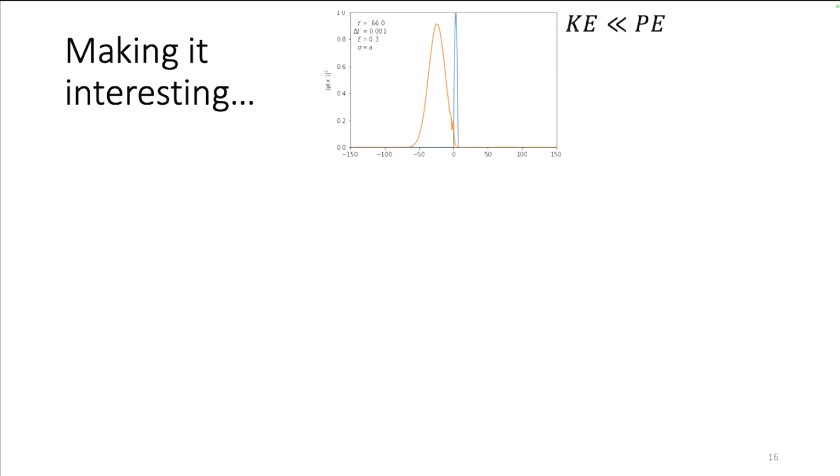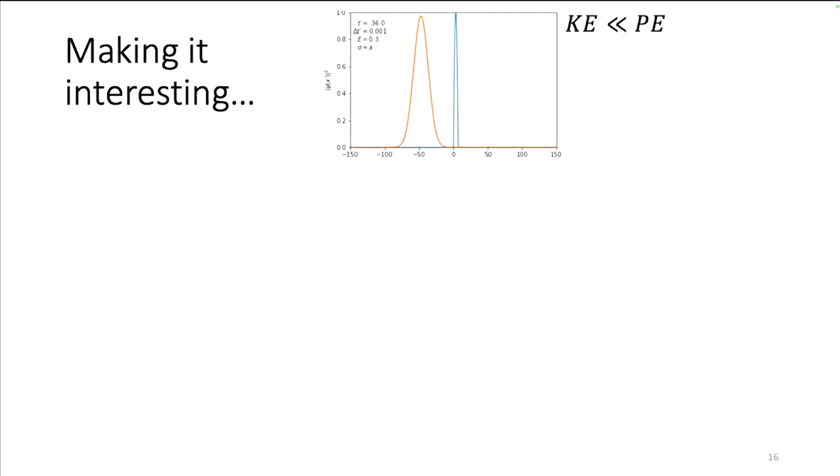If the kinetic energy is much smaller than the potential energy barrier, basically the electron just bounces off the wall of the barrier. Nothing too interesting. But what is interesting is that you see these fringes here.